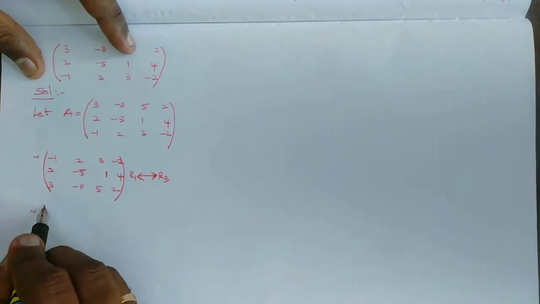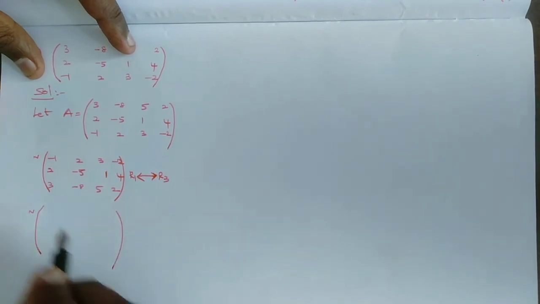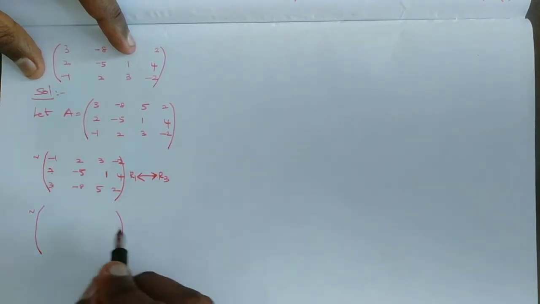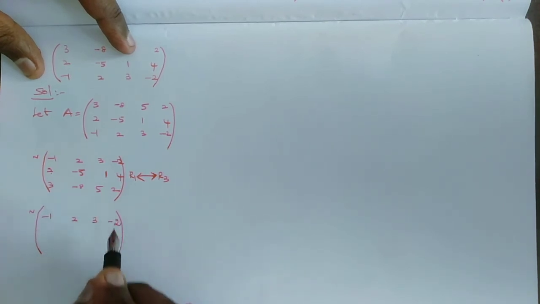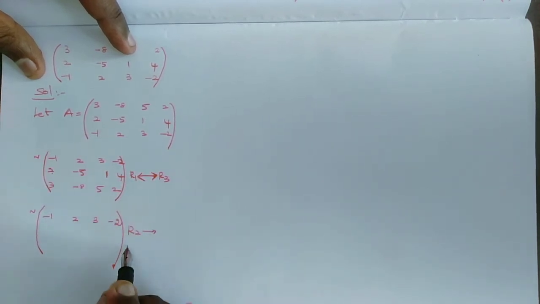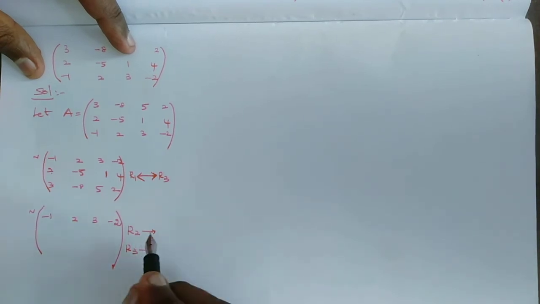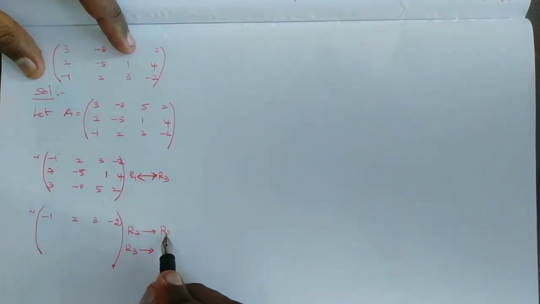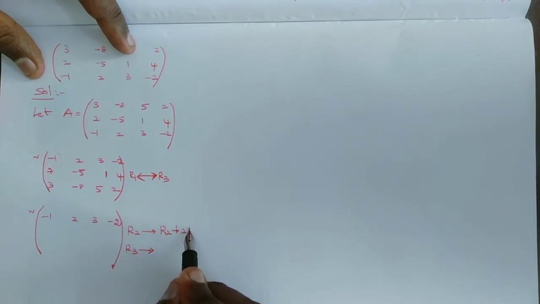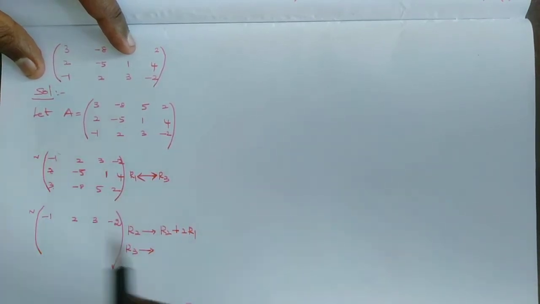So next, this one should be 0 with the help of R1. There is no change in R1: minus 1 2 3 minus 2. R2 tends to, R3 tends to. This is 2, this should be multiplied with 2: R2 plus 2 R1. 3 you should multiply with 3: R3 plus 3 R1.